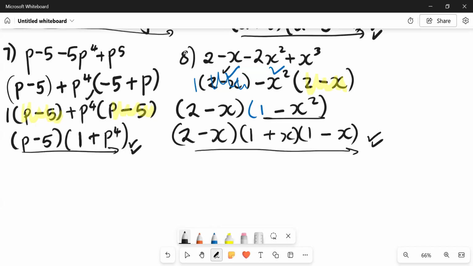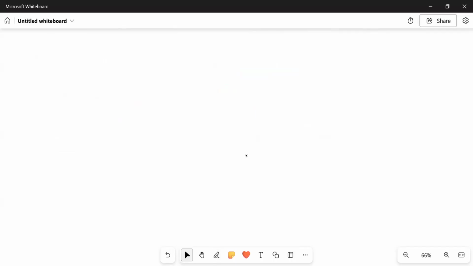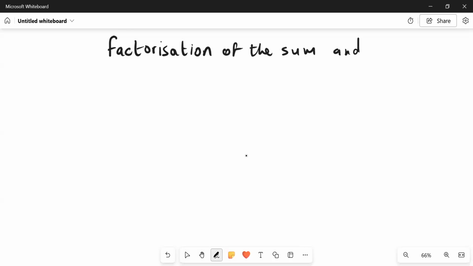Now we can move to the next part now, which is factorizing the sum and the difference of cubes. We move to factorization of the sums and difference of cubes.